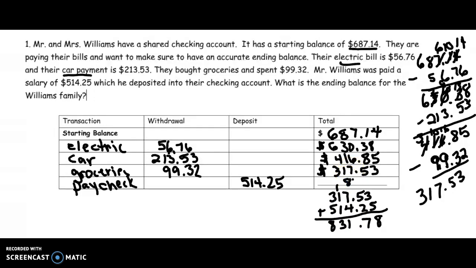Okay, so at the end, they have $831.78. Okay, so on your paper, check and see if you have the same answer as me, and make sure that you mark whether you got the question correct the first time. And if you had an error, look at your work, analyze, and explain what your error was.